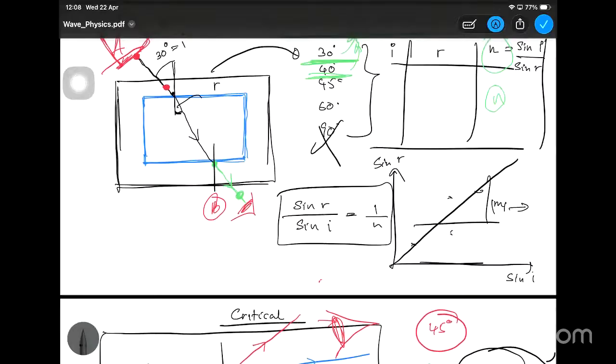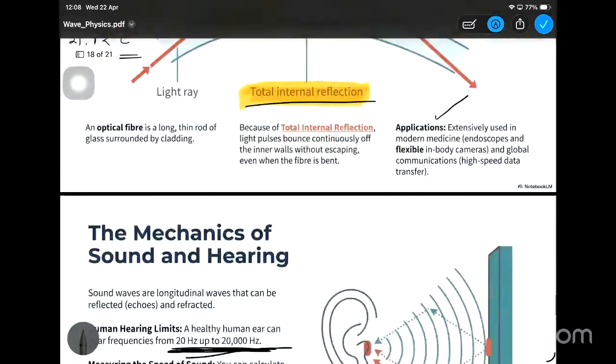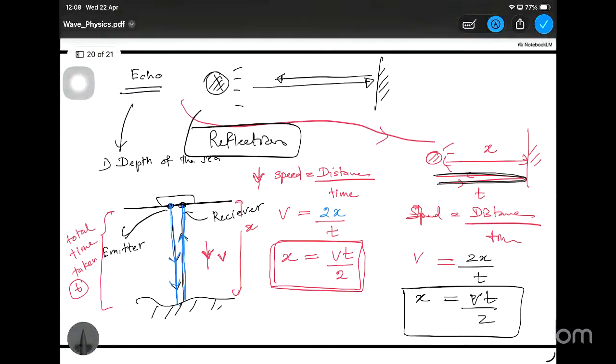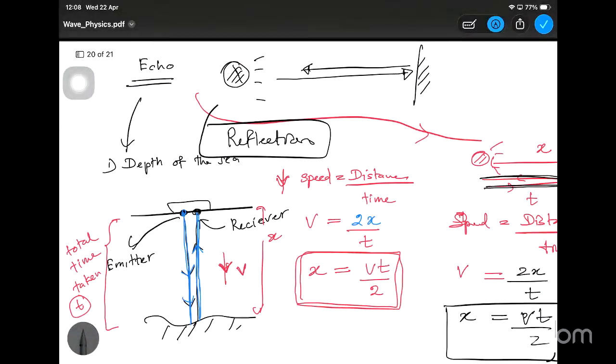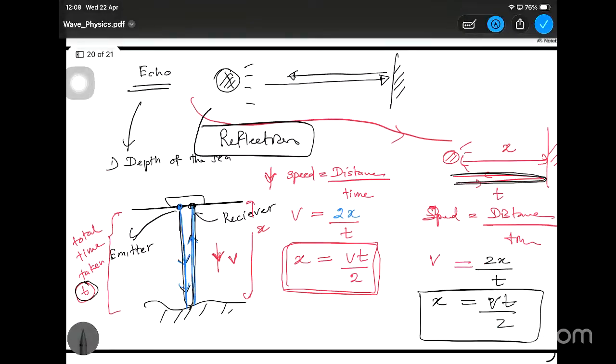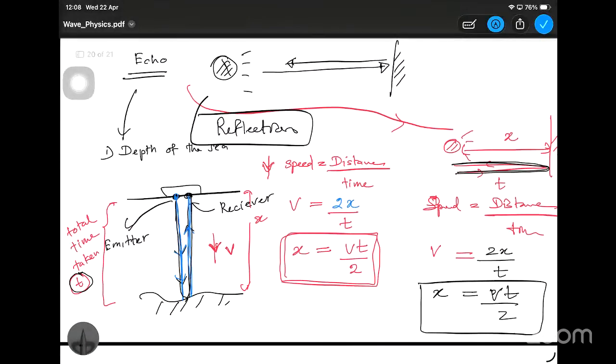If the distance doubles, does the time also double? No, Sadaham. Here, we are measuring the total time, which means the time taken to emit from the equipment and then to receive it. So imagine if you are using half of the distance, then the time will also be half, right?